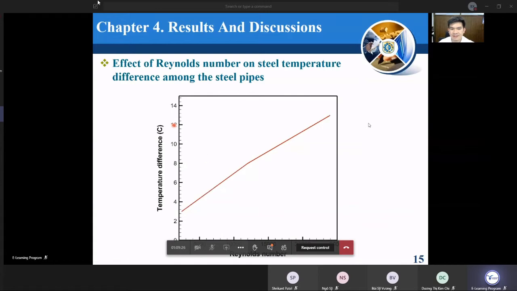But the expense is that we increase the temperature difference. So it depends on which one is more effective, and then we can select the Reynolds number correspondingly.